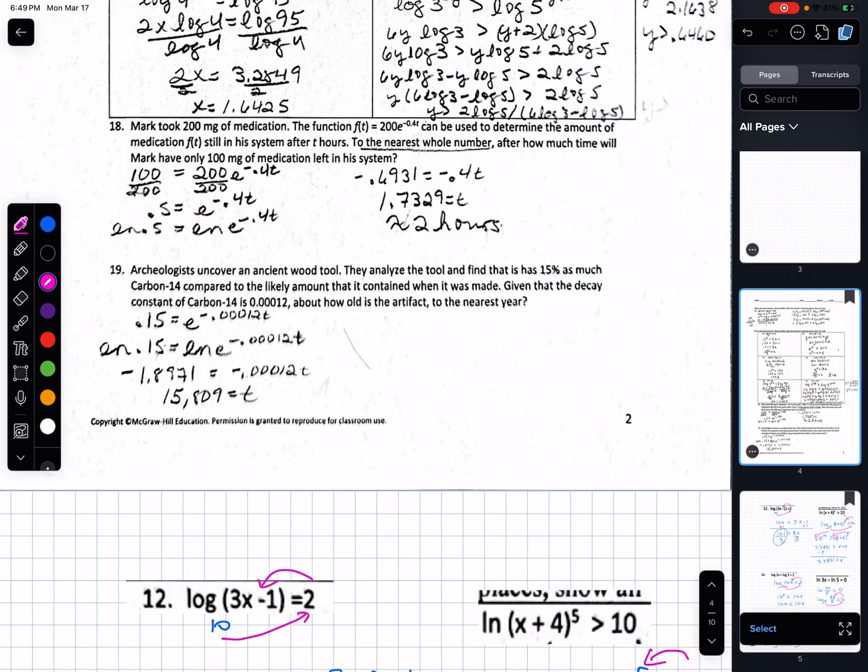Is this like the y equals a e^(kt)? Exactly. That's exactly how I thought about it.